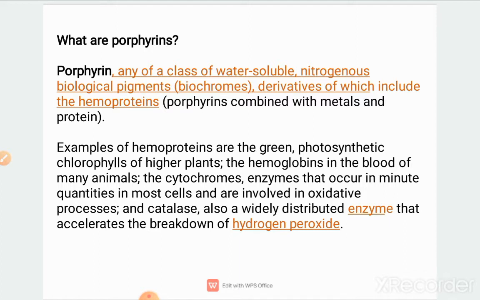The examples of hemoproteins are the green photosynthetic chlorophylls of higher plants, the hemoglobins in the blood of many animals, the cytochromes, enzymes that occur in minute quantities in most cells and are involved in metabolism or oxidative processes, and catalase, also a widely distributed enzyme that accelerates the breakdown of hydrogen peroxide.